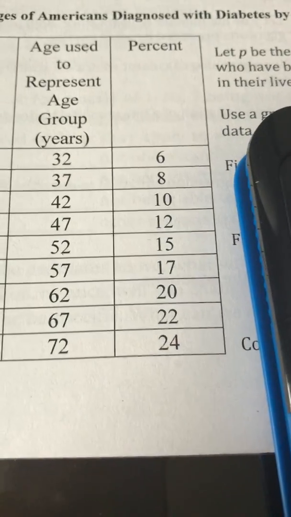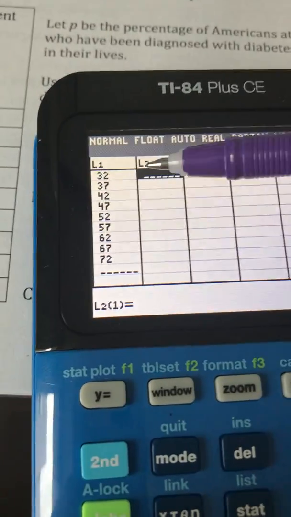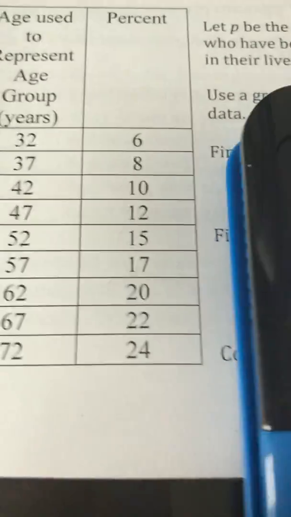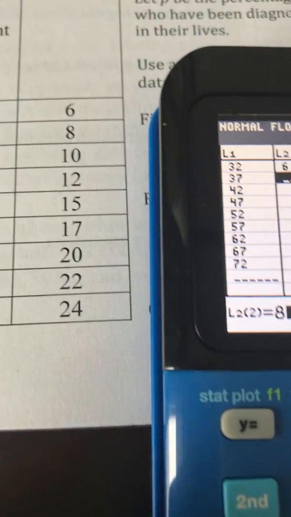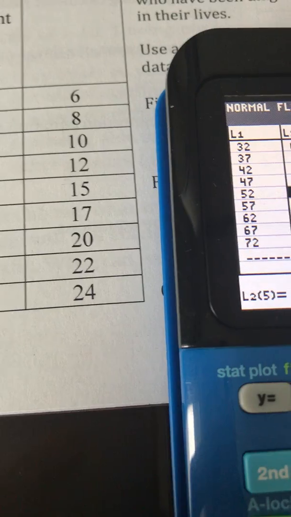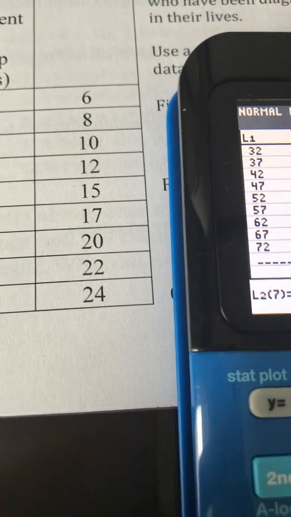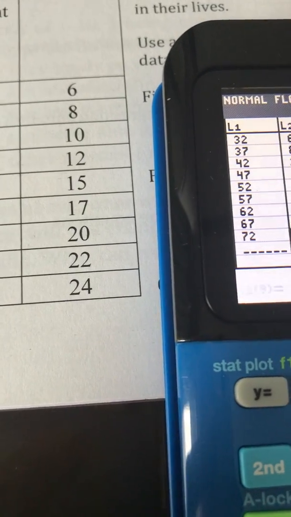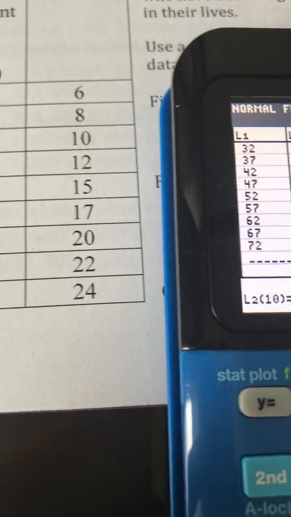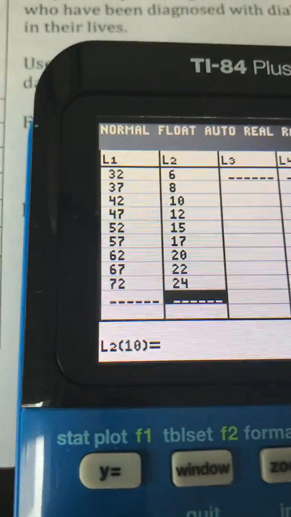Now we're going to take the percent and input it as list 2, just as the numbers are: 6, 8, 10, 12, 15. So we have our list 1 and our list 2.